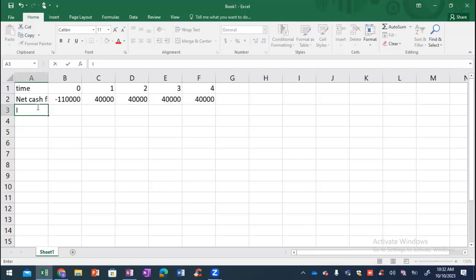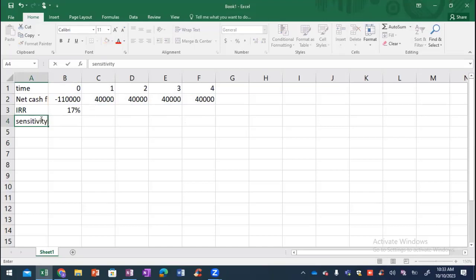Now simply calculate IRR. Just take all the values. So IRR is 17% and the cost of capital is 10.